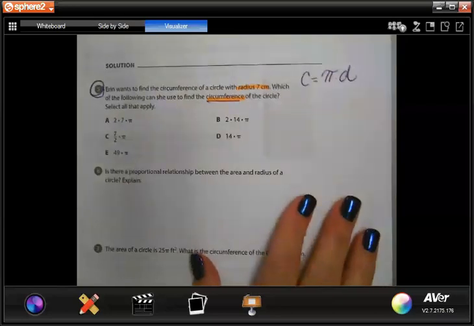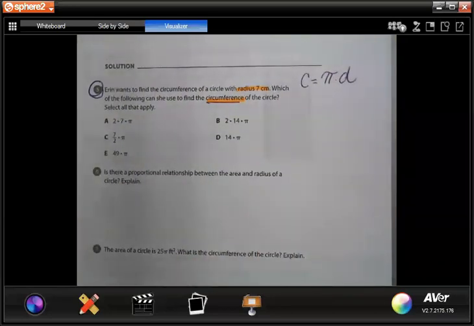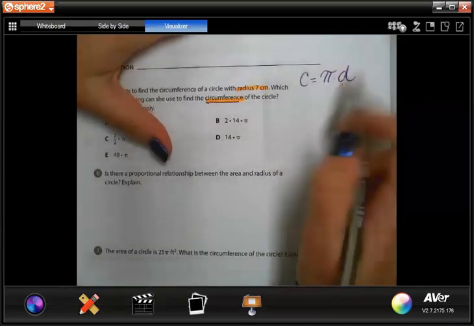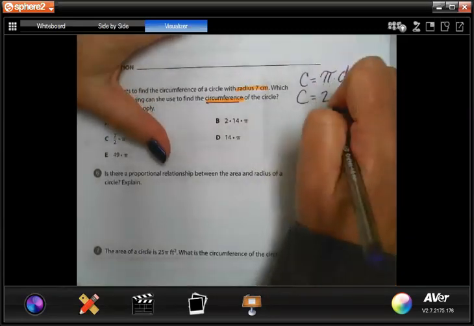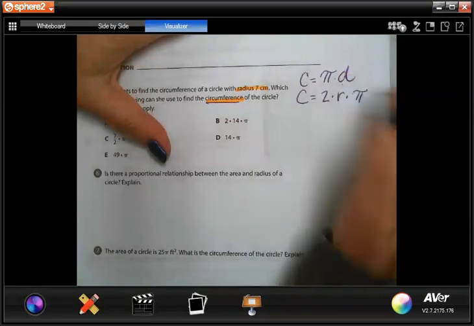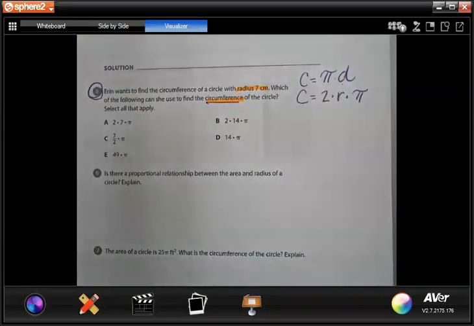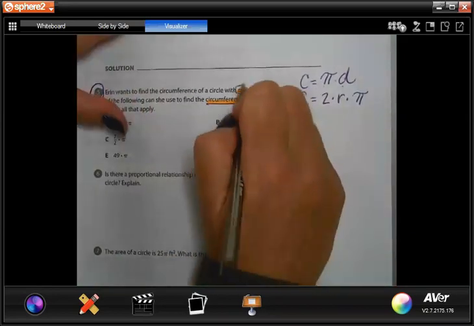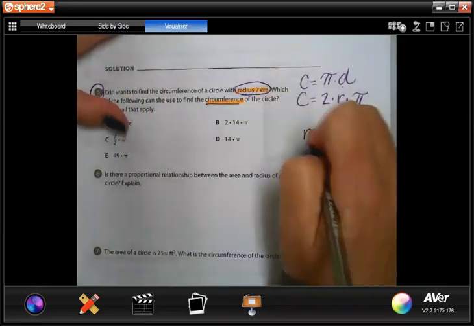Okay, so we have 3 formulas that we've talked about this lesson: circumference and area. There's 2 that go with circumference. It's either pi times diameter, or it's 2 times the radius times pi. Well, here's the scoop, you guys. They tell us the radius of this circle is 7.